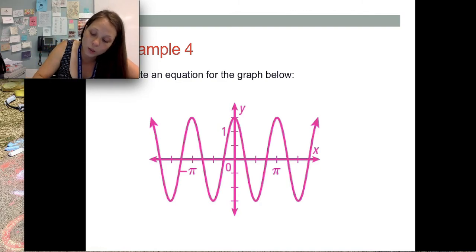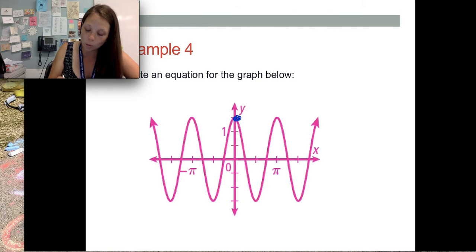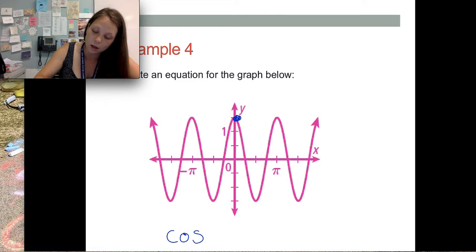So this graph is crossing the y-axis at 1, and that matches the characteristic of our cosine functions. So I know I'm going to be dealing with a cosine function here. The next thing I'm going to do is look at what is the length of one cycle before it goes on repeat.